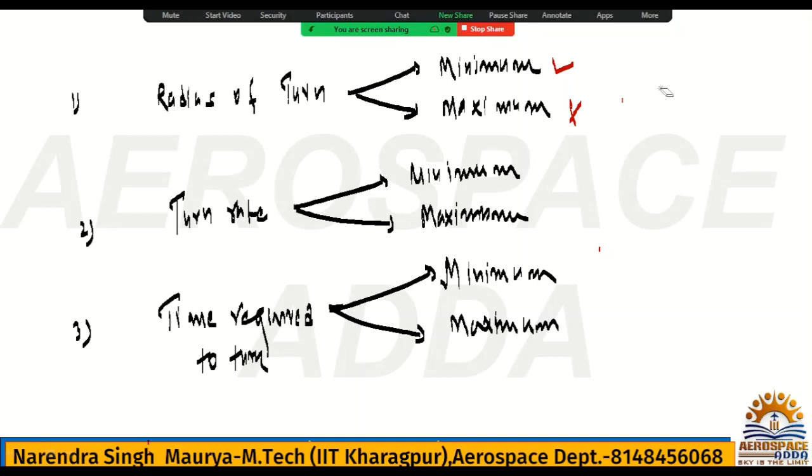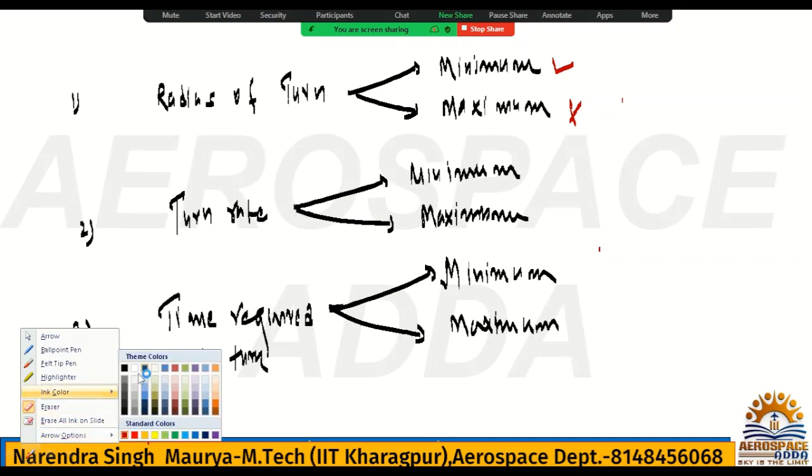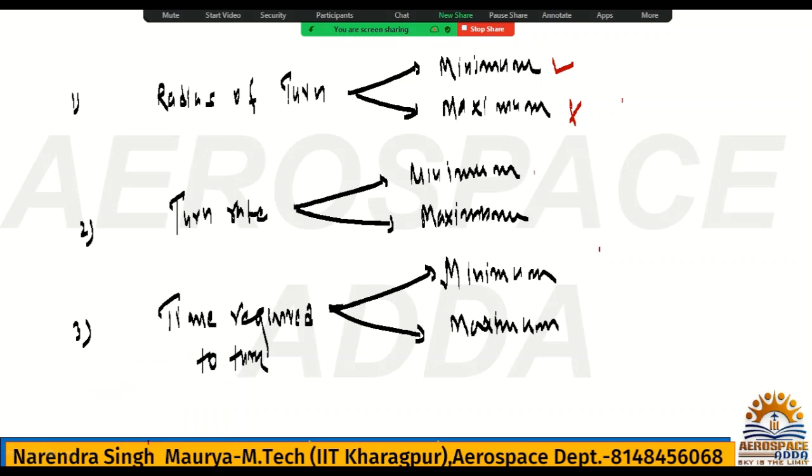Now for the turn rate, should it be high, minimum or maximum, I mean should it be low or high? Again the answer will be the same. If turn radius is minimum, then turn rate should be maximum. Why should it be maximum?